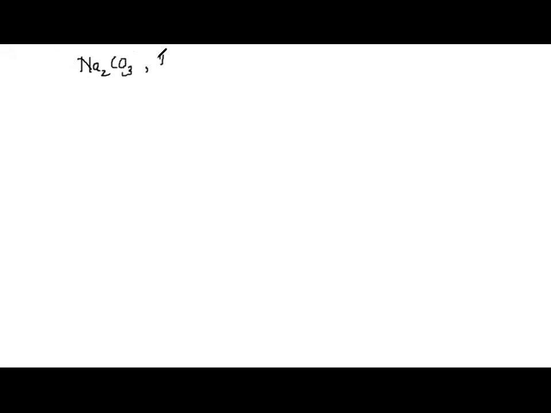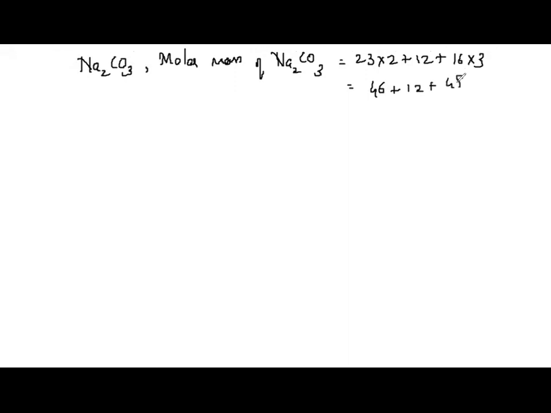Let us calculate the molar mass of Na2CO3. It will be 23 into 2 plus 12 plus 16 into 3. So 46 plus 12 plus 48, how much do we get? 106. 106 grams is the molar mass.